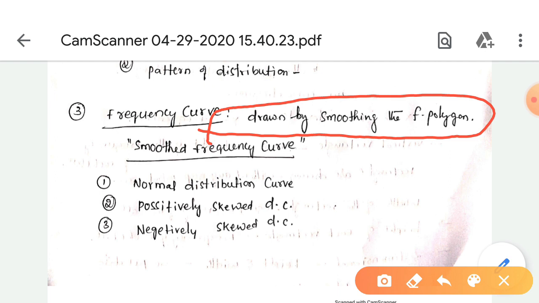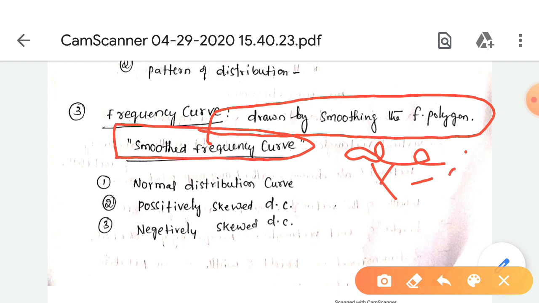Hence it is called a smoothed frequency curve. Okay, it's an area diagram, and also here the x-axis is marked with the class intervals and the y-axis with the frequencies.